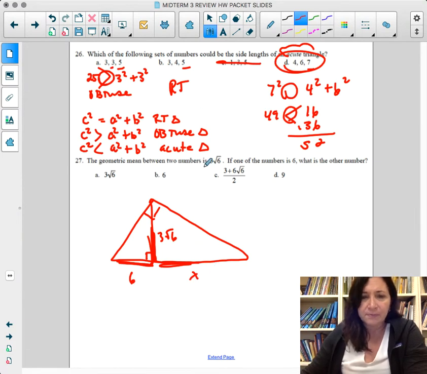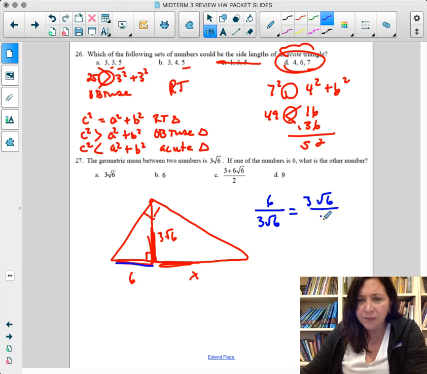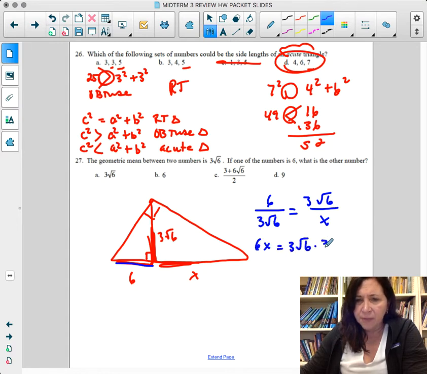Find the other number. So you're just going to go base: 6 is to 3 root 6 as 3 root 6 is to x. We're going to cross multiply. We're going to get 6 times x equals 3 root 6 times 3 root 6.